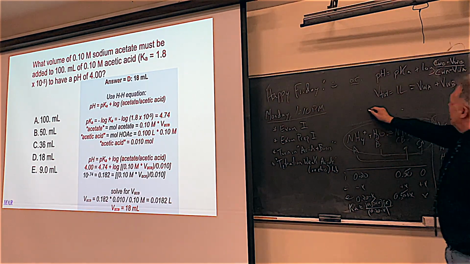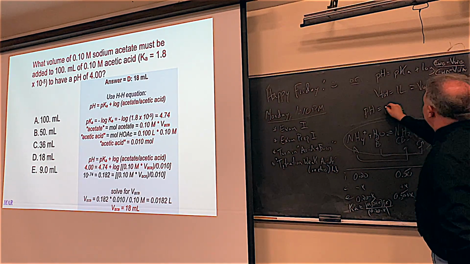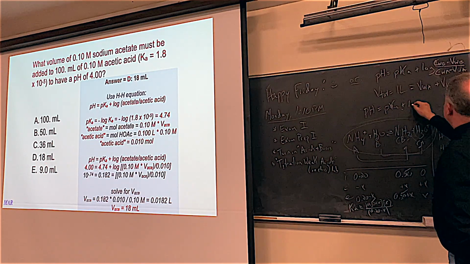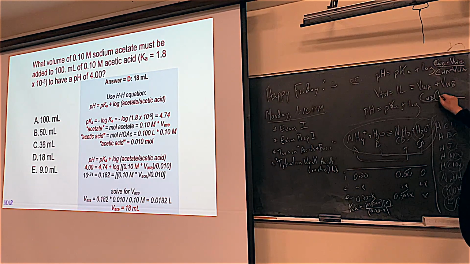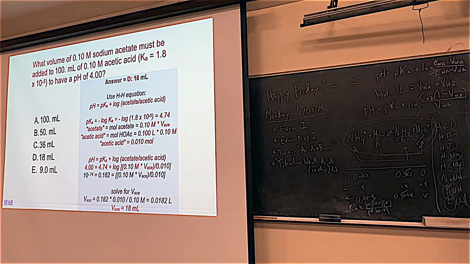So up here then, you could substitute pH equals pKa plus log, concentration of the base times 1 minus VWA, and in the bottom, you'd have VWA. So hint, hint, hint for one of the exam prep questions.